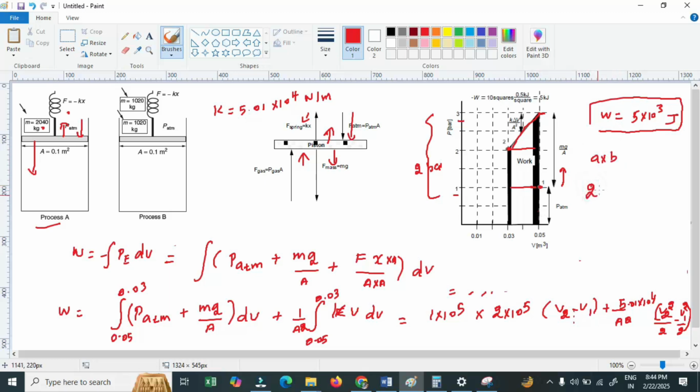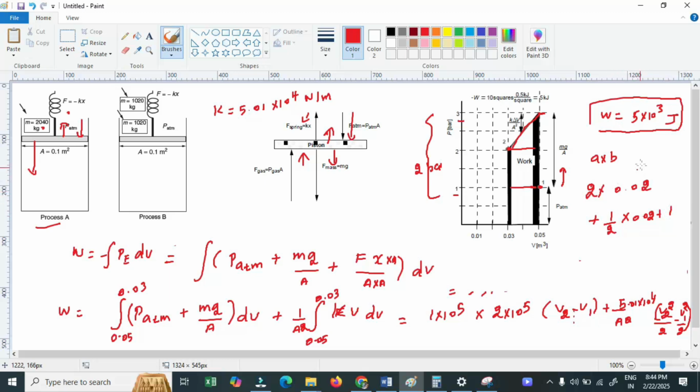So 2 multiplied by the width 0.02. It is a width. Okay, plus this right angle triangle of the base is 0.02 plus height is from here to here is a 1.